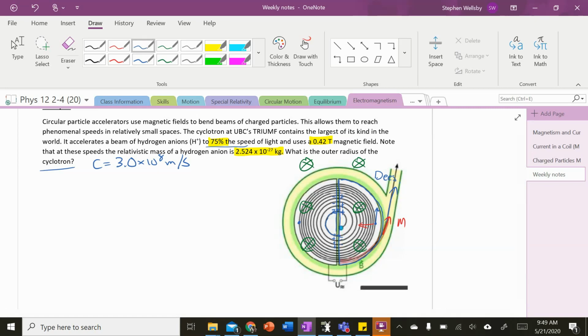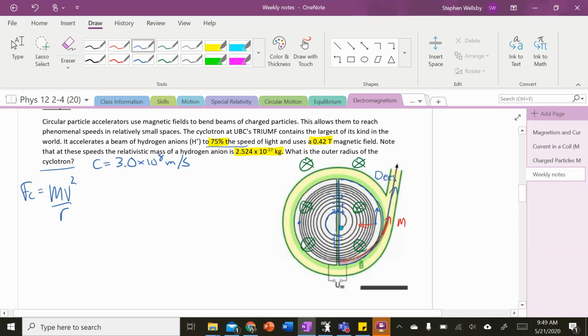However, I'm going to give you a little bit of a hint. We do have to go back to circular motion, because this whole week is about circular motion. Just a reminder, the formula for centripetal force is mv squared over r. If I look at a free body diagram for the particle at this point, we can ignore gravity for a proton. It's so small, it's negligible compared to the force applied to make it follow the circular path.